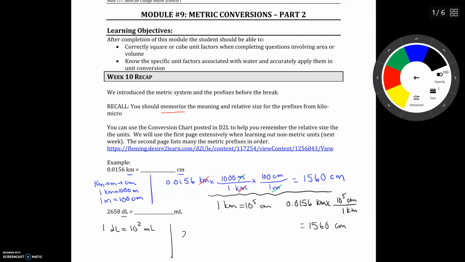So to do our conversion, we write down our initial measurement, and then we would set up our conversion factor so that the deciliters cancel. So we're multiplying by 100. So 2,658 deciliters is going to be 265,800 milliliters.